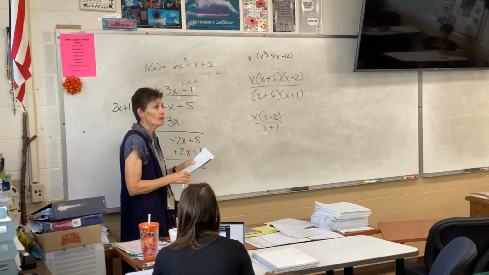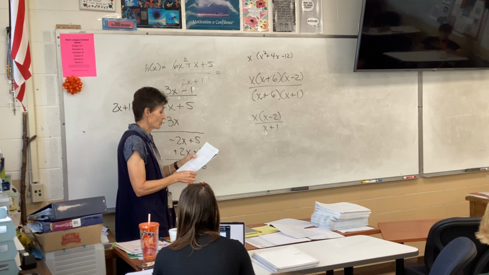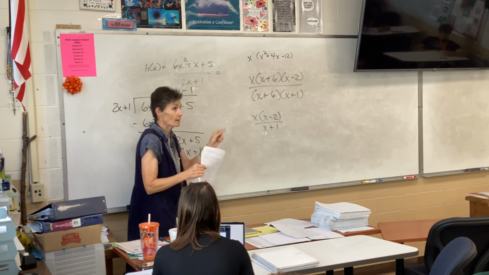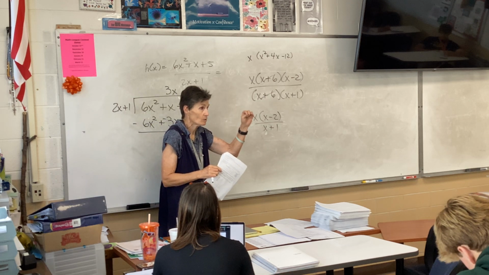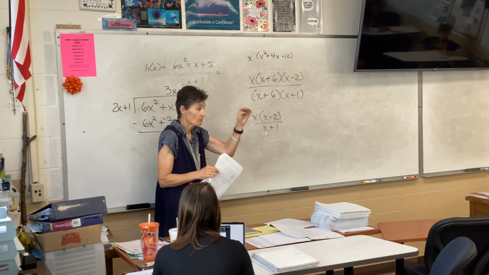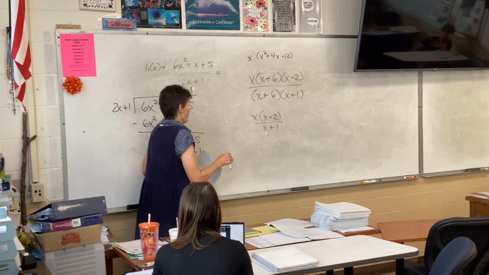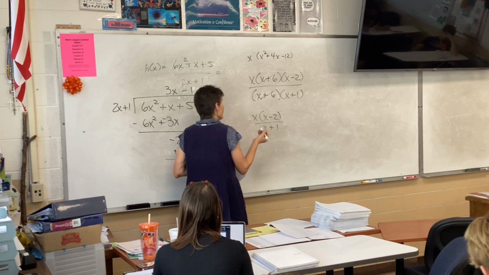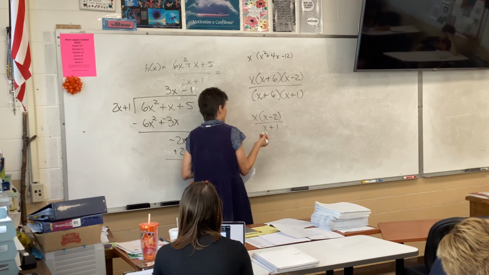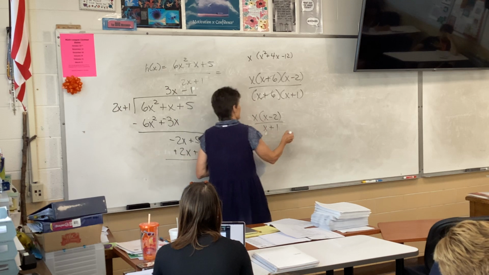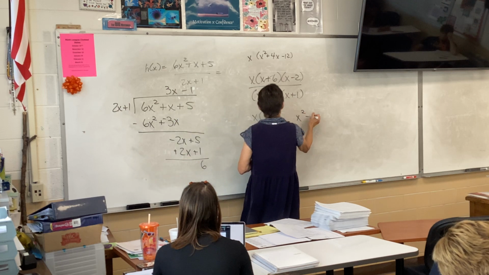Horizontal asymptote, we don't have a horizontal asymptote, but we're going, okay, everybody got that? No horizontal asymptote? How come? The power on top is bigger? What's my slant asymptote? Well, go ahead and find it however you want. You have to come up with an equation for your slant asymptote.